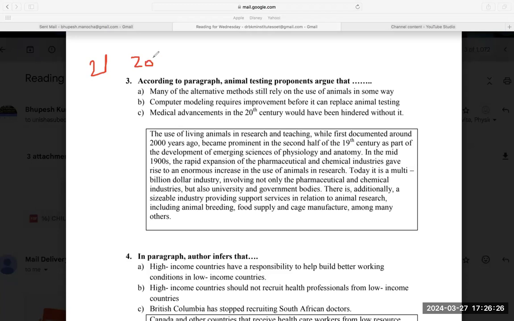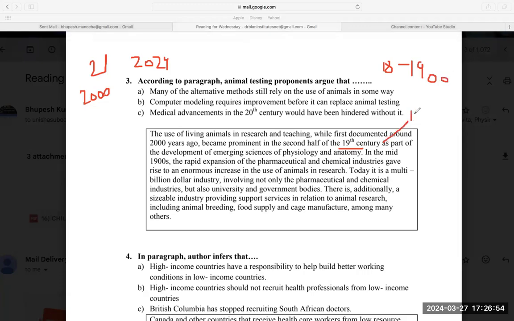So when we talk about the 21st century, we are talking about 2000 to 2099. In the same way, the 19th century means 1800 up to 1900. So the second half of the 19th century means somewhere around 1850.